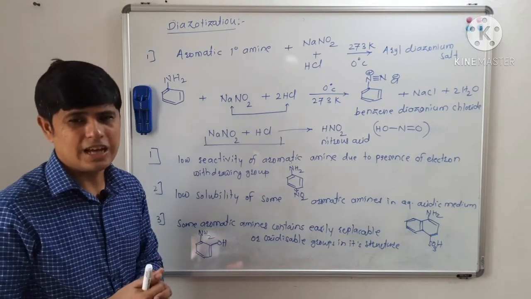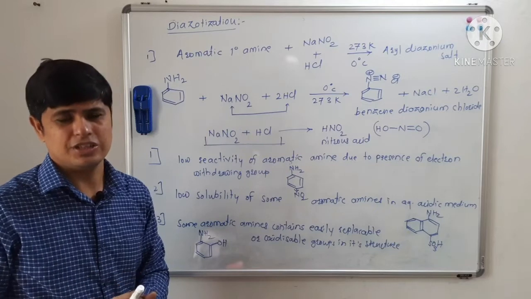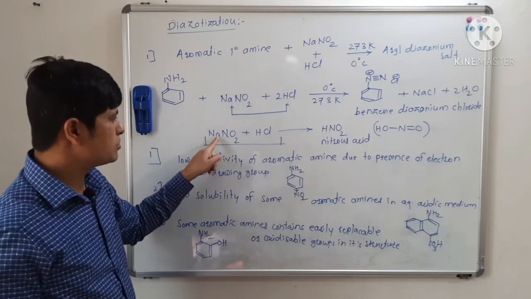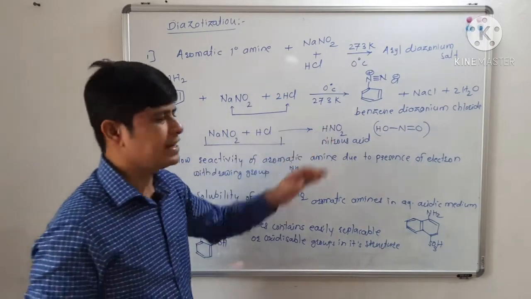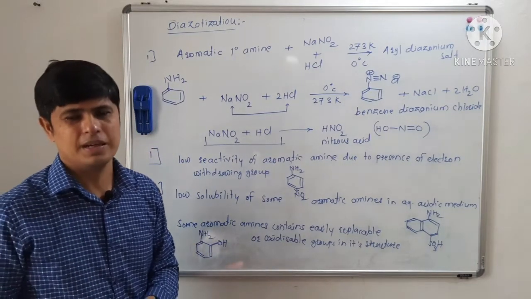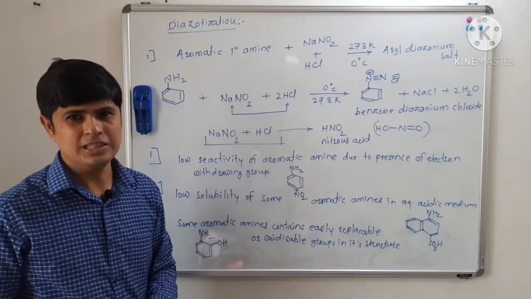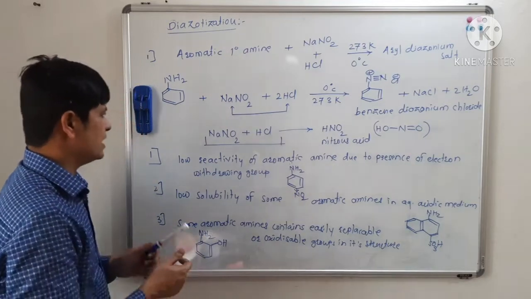Is there any other diazotization reagent that we can use instead of sodium nitrite and hydrochloric acid, or instead of nitrous acid? Do you know any reagent? Let us see which are those reagents.